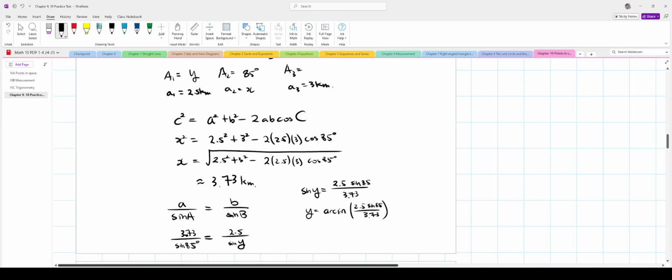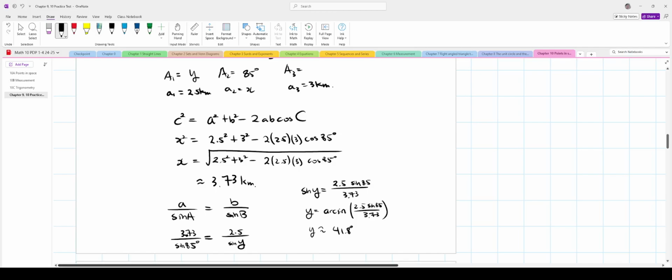That's going to be arc sine of 2.5 times sine of 85 divided by 3.73, which is approximately 41.8 degrees.